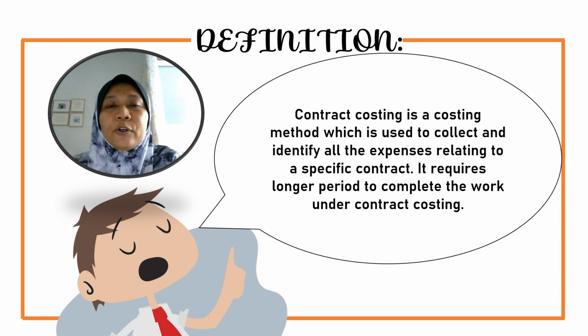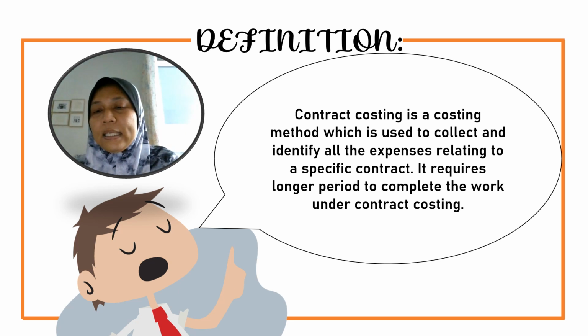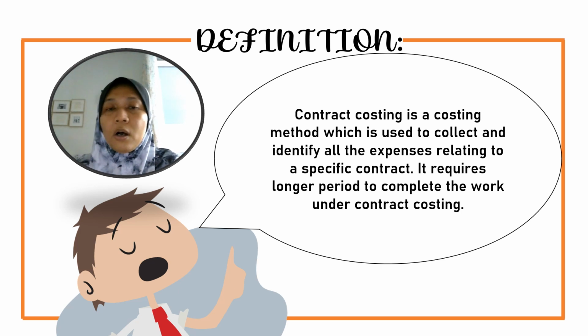Now let's move on to contract costing. The definition of contract costing is a costing method which is used to collect and identify all the expenses relating to a specific contract. It requires a longer period to complete the work under this costing method.